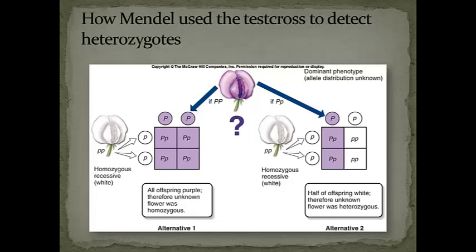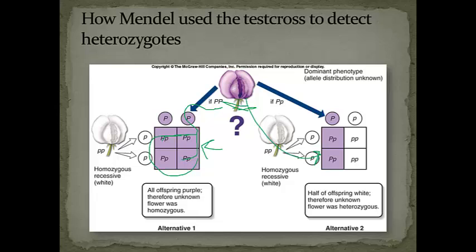So the way we do this is if your mystery individual, that's this individual right here, if they are homozygous dominant, well, then we know that all the offspring are going to be heterozygous, in which case they are all going to display the dominant phenotype, and that'd be purple.